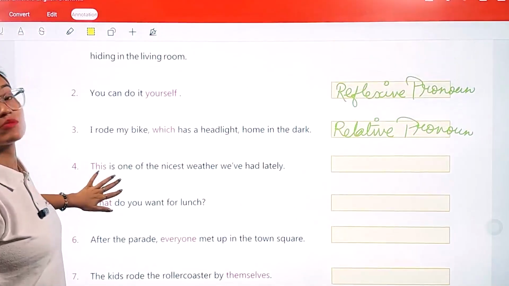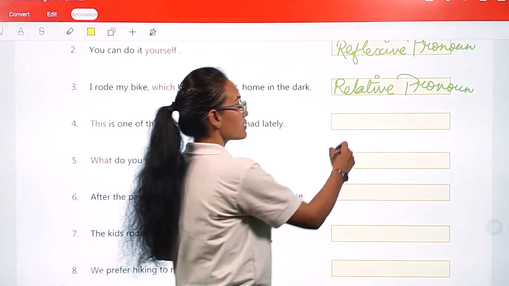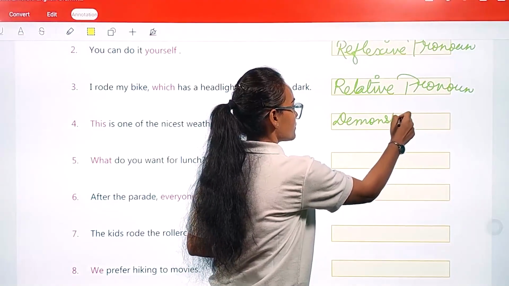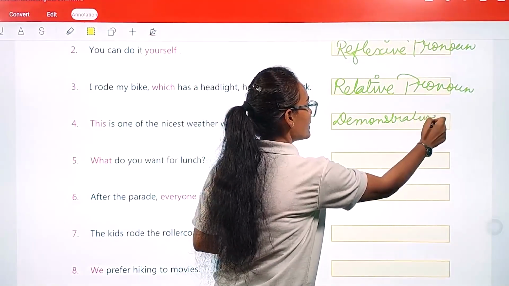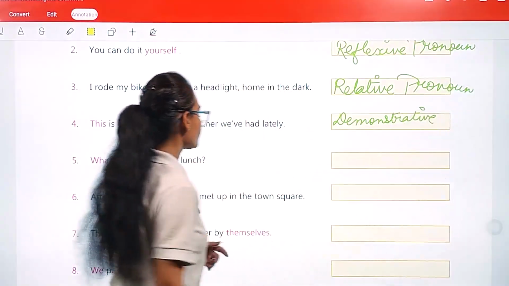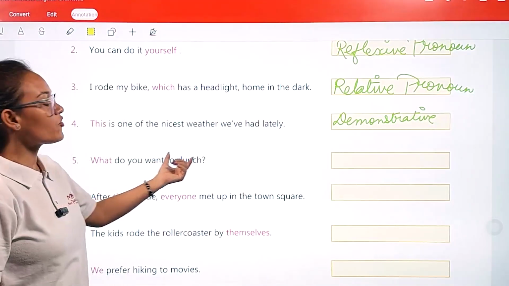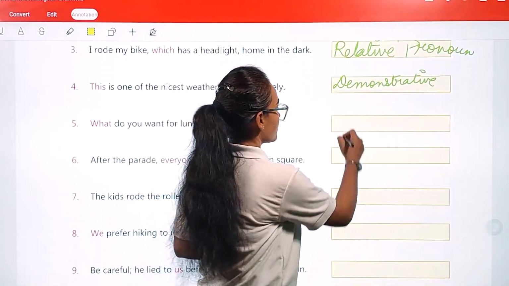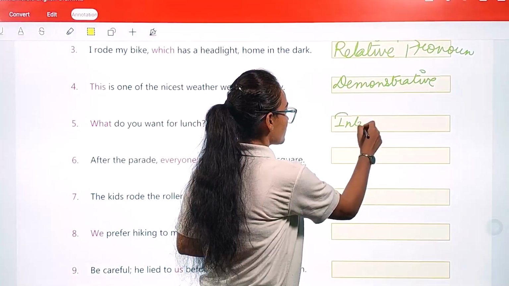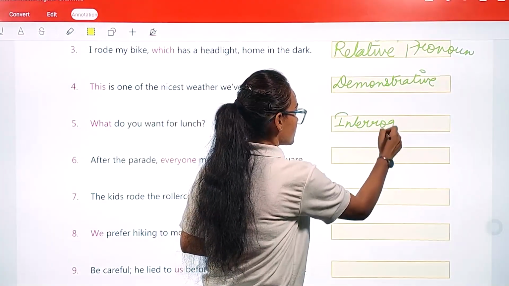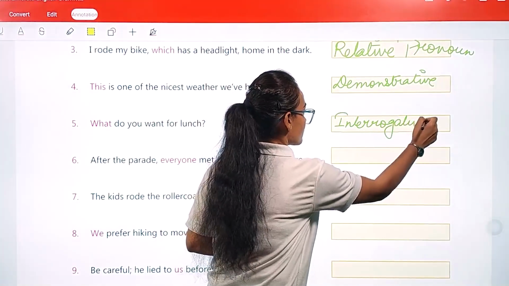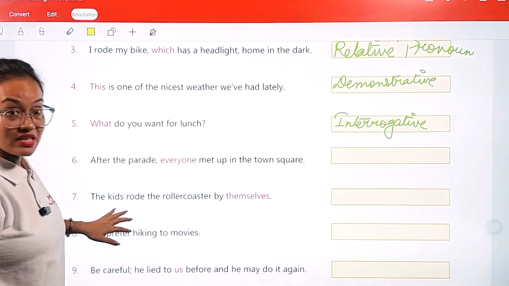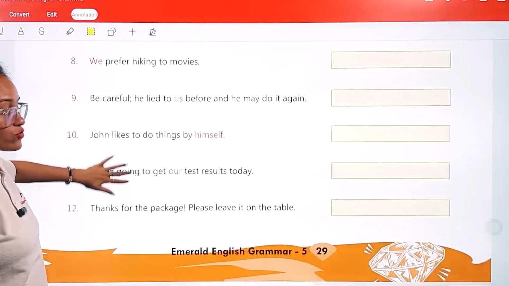So here it comes under the category of demonstrative pronoun. Then, what do you want for lunch? Here a question is asked. It means interrogative pronoun. Okay. Similarly, my dear student, the rest of the work you are going to do on your own.